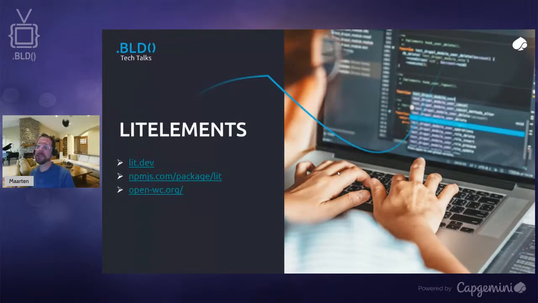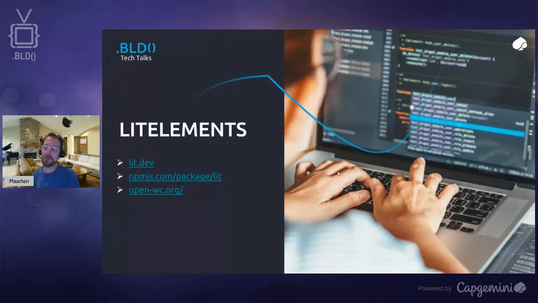Lit Elements is actually, I believe it was created by Google, but I'm not really sure. That is because this is not a history lesson, but it's more hands-on. So let's move right along.